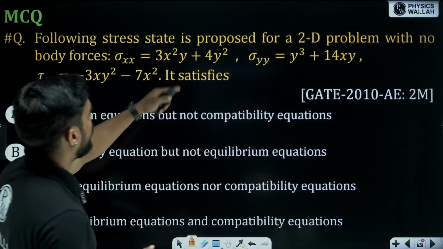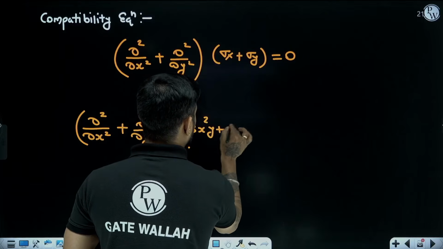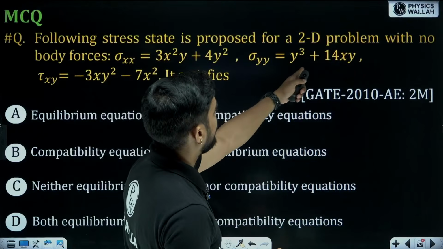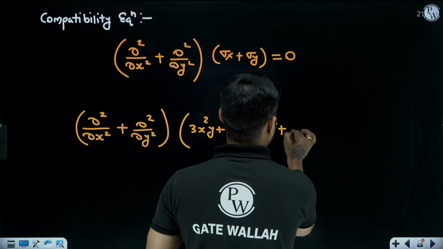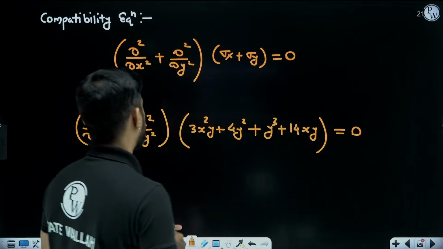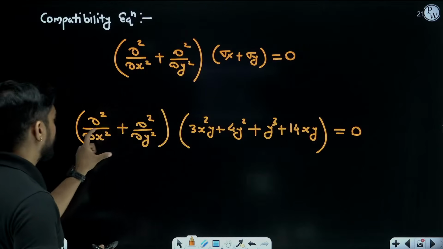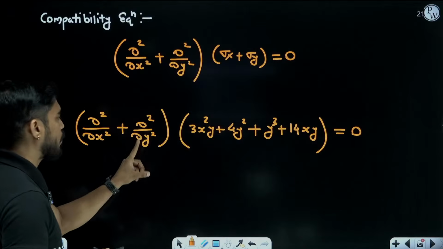So sigma x is 3x square y plus 4y square, and sigma y is y cube plus 14xy, equal to 0. So first you will have to differentiate this with respect to x 2 times, then you will have to differentiate it with respect to y 2 times.